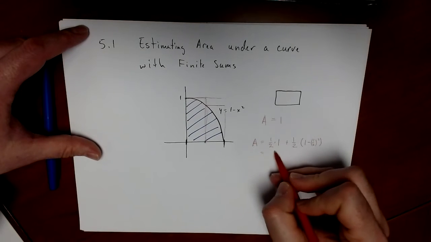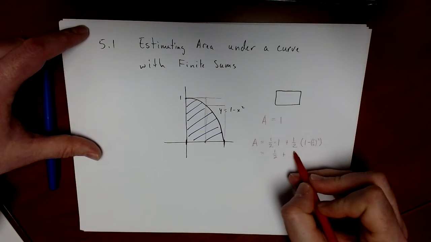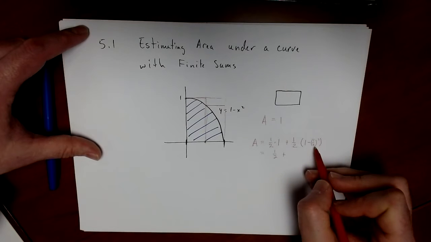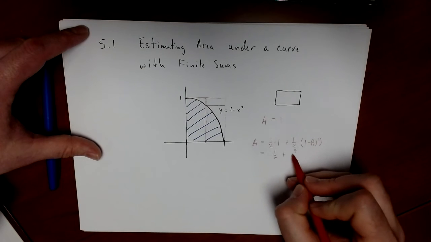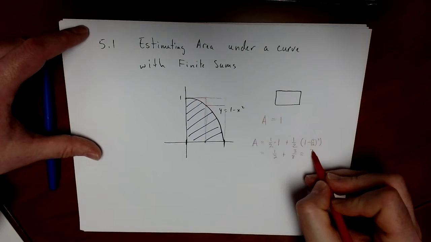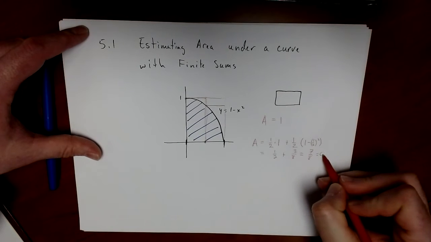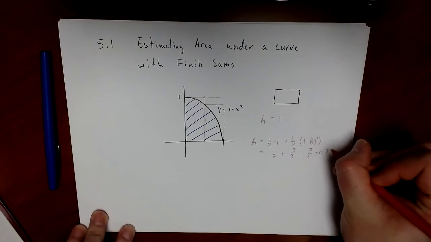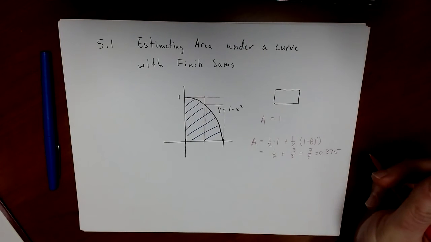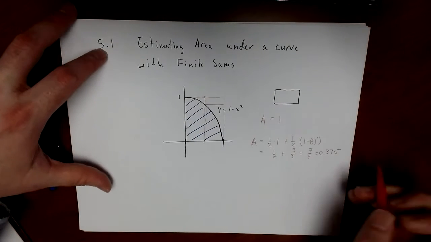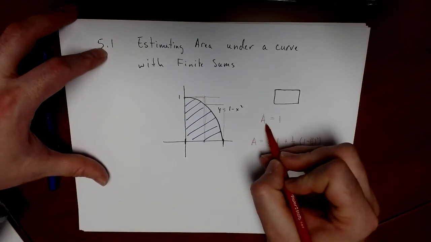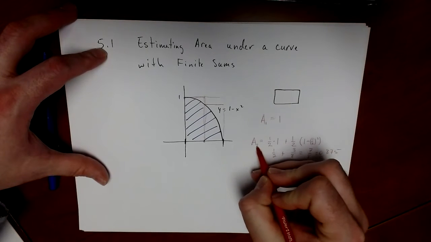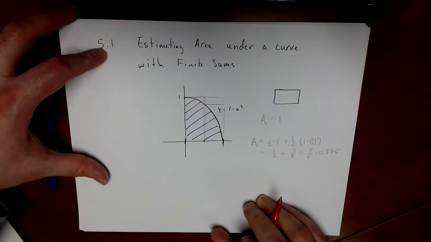So this is 1/2 plus 3/8, so this is all 7/8, or 0.875, I think. And so this is the area with one rectangle, and this is the area estimate with 2 rectangles.